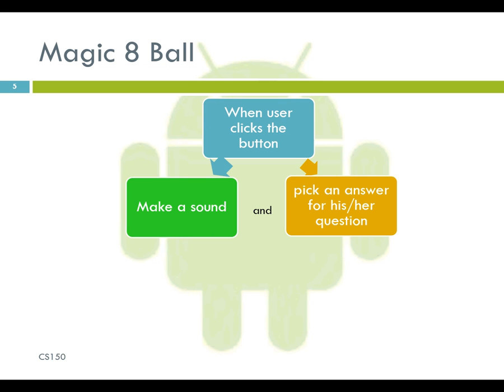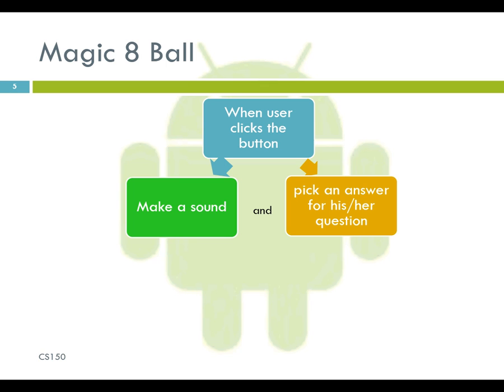In the case of the Magic 8 ball, the algorithm is super duper simple. When the user clicks the button, makes sense, right? When you click the button, tap the Magic 8, then something should happen. I want to make a sound and pick an answer. So 2 things have to happen.